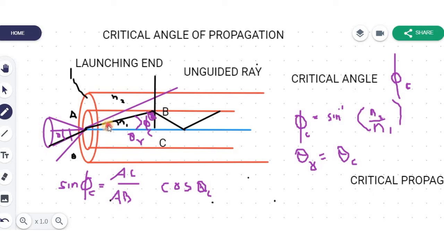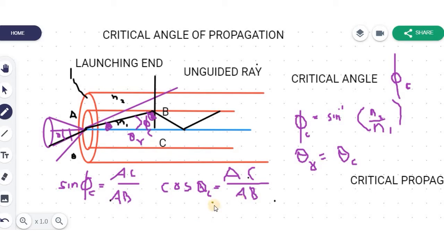Cos theta c is adjacent over hypotenuse. Adjacent is again AC, hypotenuse is AB, so AC by AB. So both sin phi c and cos theta c are equal to AC by AB. Sin phi c is equal to cos theta c.